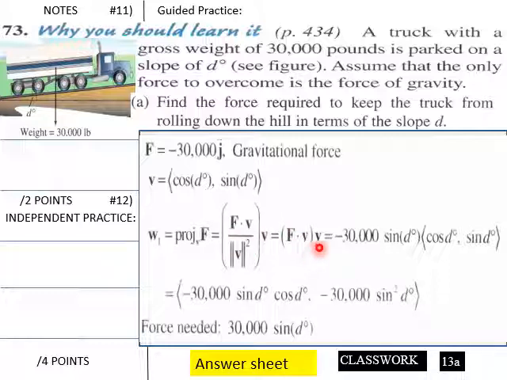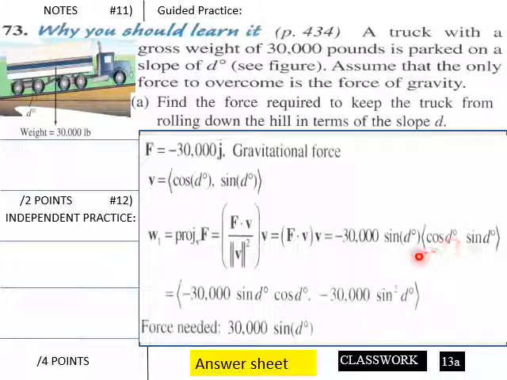F times V multiplied by V would equal negative 30,000 sine d degrees times cosine d degrees I plus sine d degrees J. So negative 30,000 sine d degrees cosine d degrees, and then negative 30,000 times sine squared d degrees is what this would become.